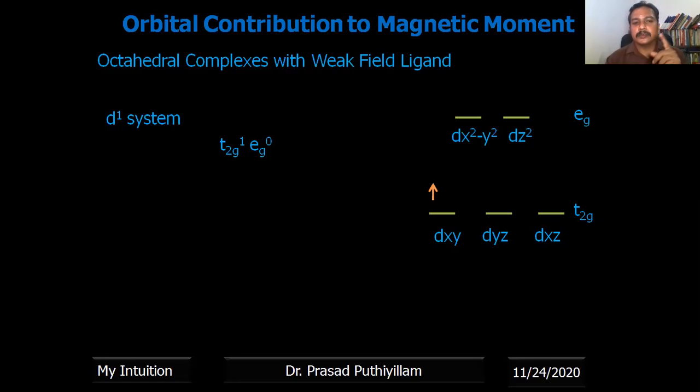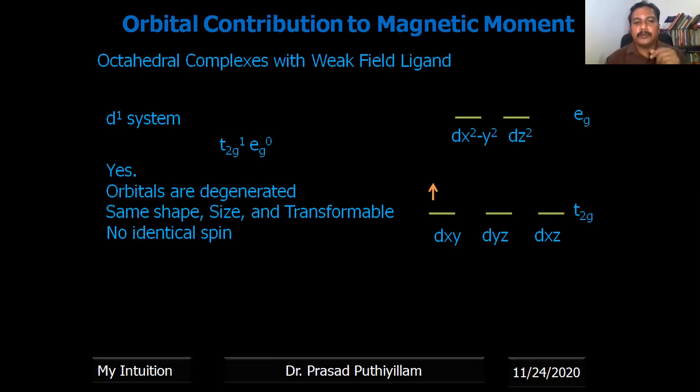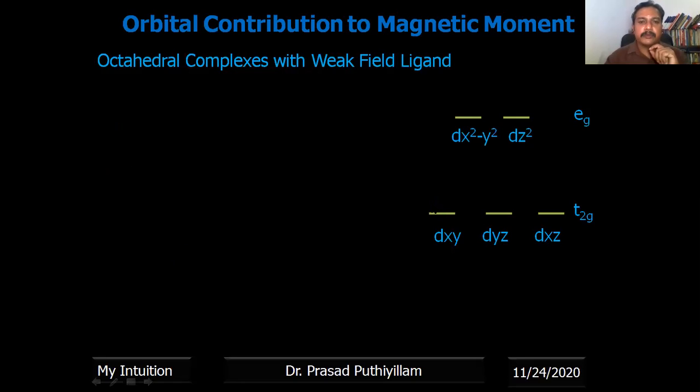The electronic configuration is t2g1 eg0. Yes, it contributes towards the magnetic moment because all orbitals are degenerate: dxy, dyz and dxz are degenerate orbitals. They have the same shape, same size, and they are transformable. There is no identical spin, since only one electron is there. Therefore it is contributing.